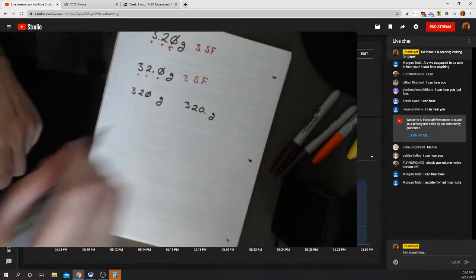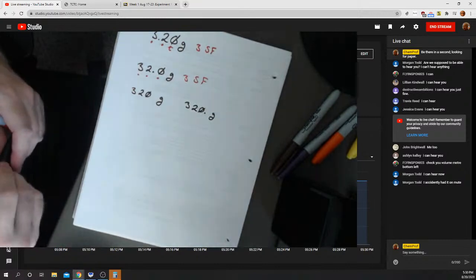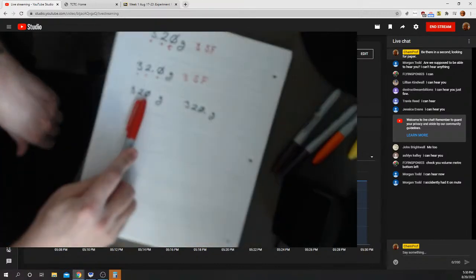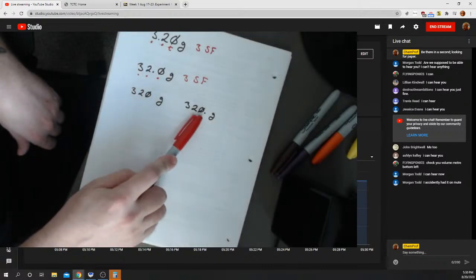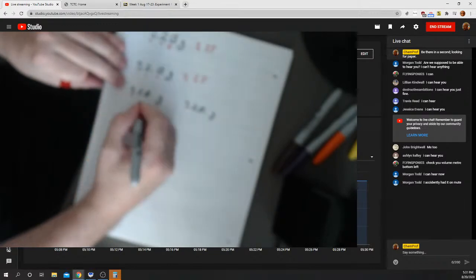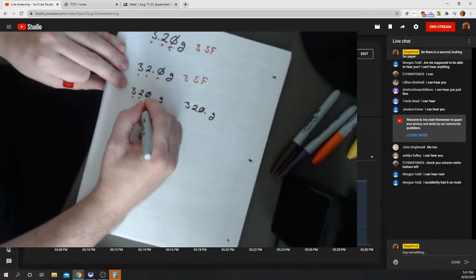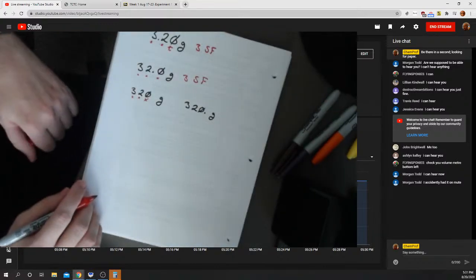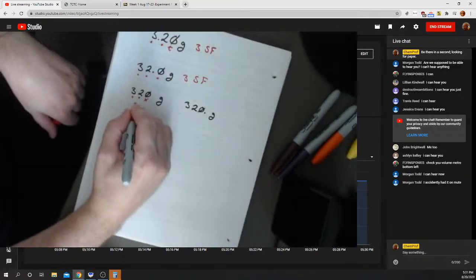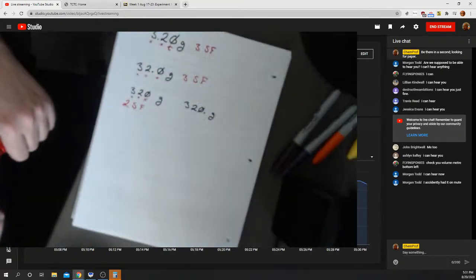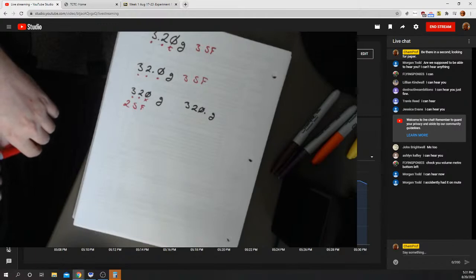Let me be consistent with my zeros. All right, 320 grams either way. This one does not have a decimal place. This one does. Significant, significant, trailing zero, but no decimal place. That is not a significant zero. This 320 only has 2 significant figures.